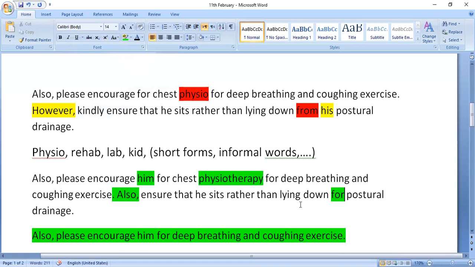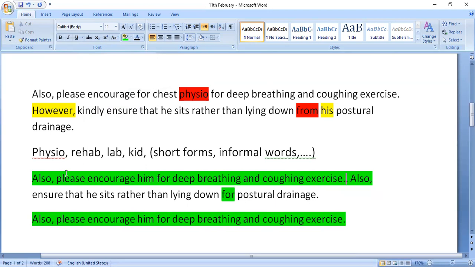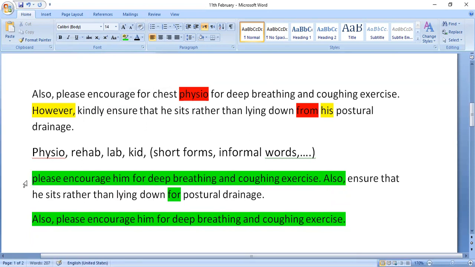For physiotherapy, I would prefer this one. So let us first remove this "first also", because we are writing "also" in the second part. Please encourage him for deep breathing and coughing exercise.